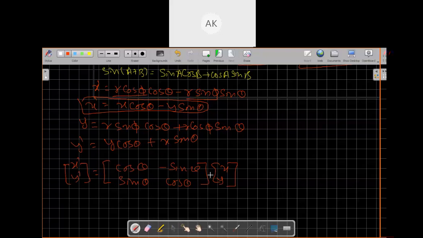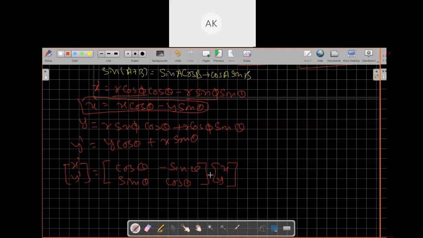Minus sine theta means minus minus plus, so it will be plus sine theta. So it is cos theta, sine theta, minus sine theta, cos theta into x, y. This is the equation in matrix form when you rotate your object clockwise, and this is the formula when you rotate your object clockwise.